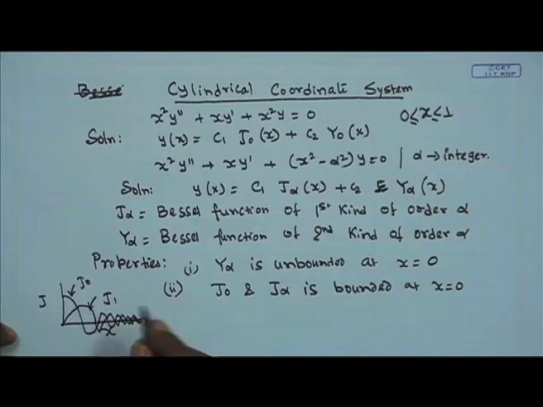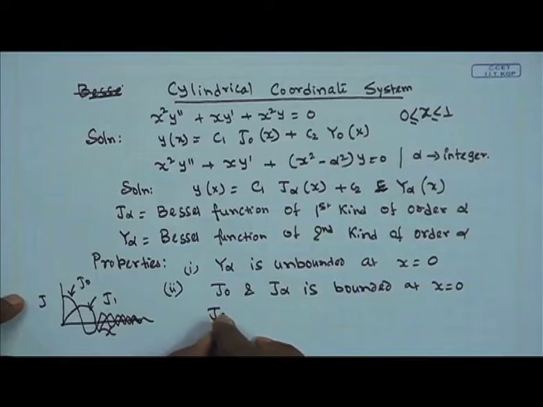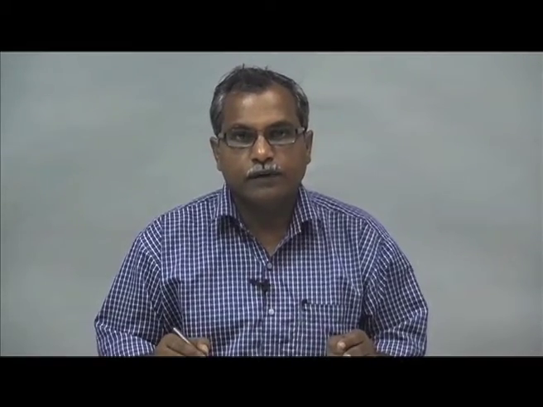That means in general J alpha will be oscillating about the x axis n number of times. So whatever the order, alpha 0, 1, 2, 3 anything, they will be oscillating about the x axis and cutting the x axis infinite number of times, and every cutting point is basically a root of the transcendental equation or the eigenvalue of the system.